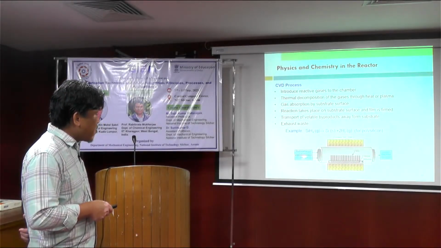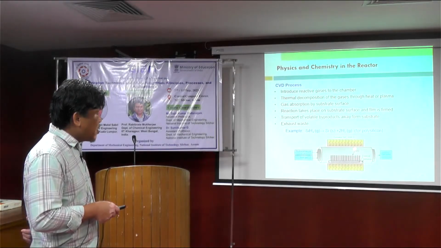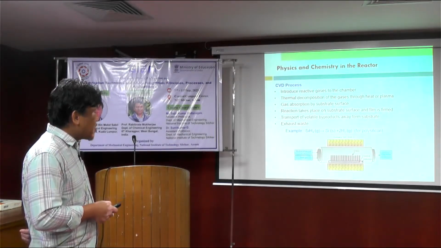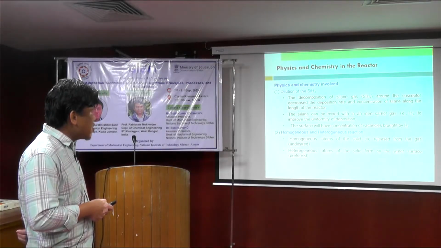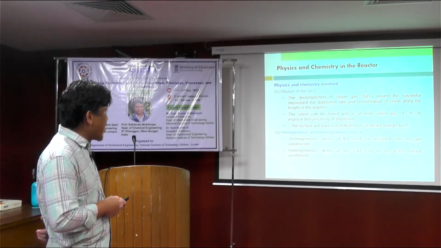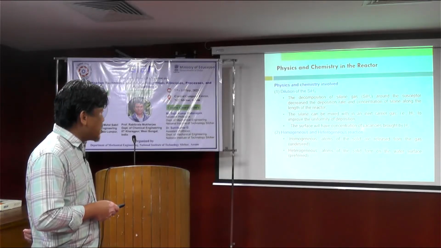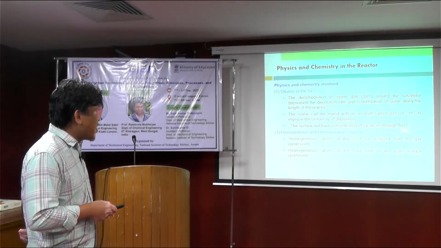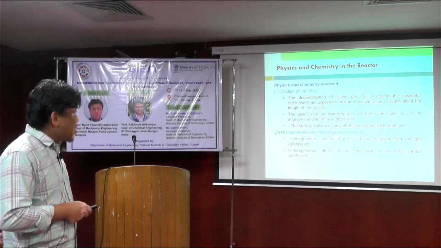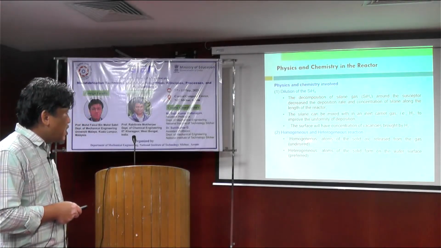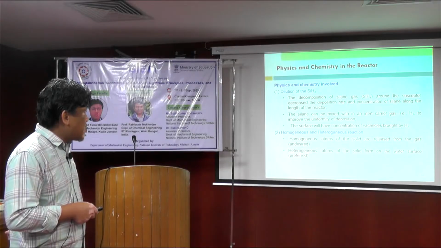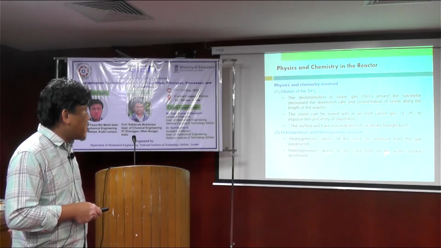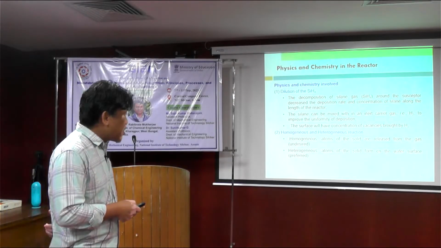The gas comes from here, but towards the end of this chamber, the gas becomes less dense due to reaction. Concentration will be less. So the surface will have a concentration of vacancies brought by H2. So homogeneous and heterogeneous reaction. Homogeneous meaning atoms of the solid are released from the gas, and heterogeneous meaning atoms of the solid form on the wafer substrate, which is more preferable.